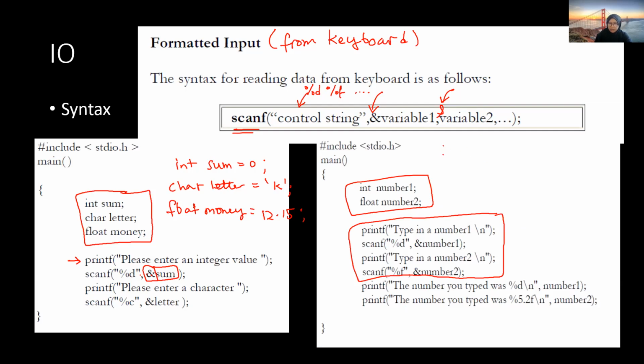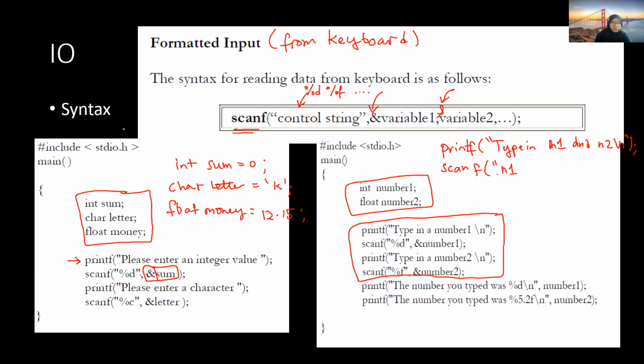I can say printf, type in number 1 and number 2, and then I can say scanf. My control string will be number 1.